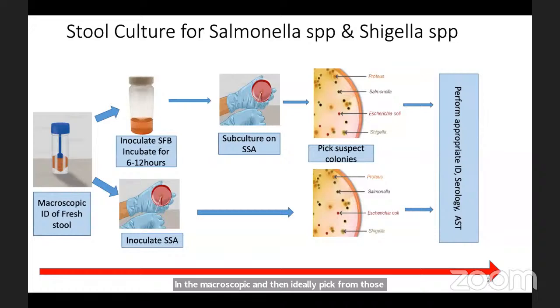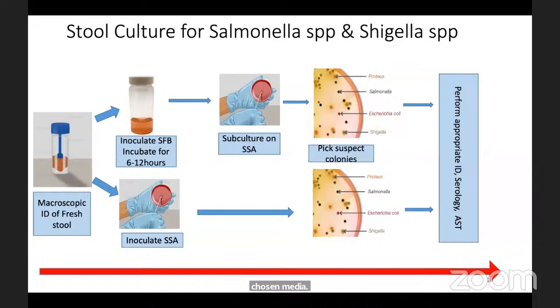But here, about 1 gram of the stool is placed in selenite fecal broth. At the same time, a loopful is inoculated onto the chosen media, and all is incubated.